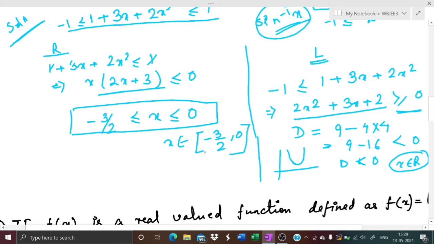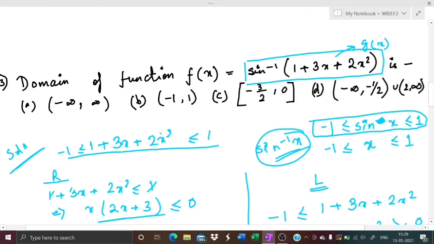Now if I take the intersection of this domain and this domain, then I will get this as the result. So my answer would be option C.